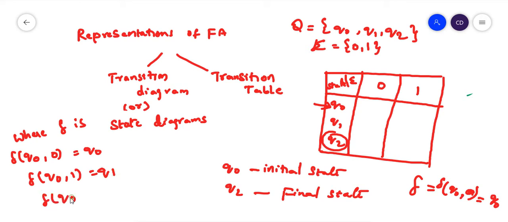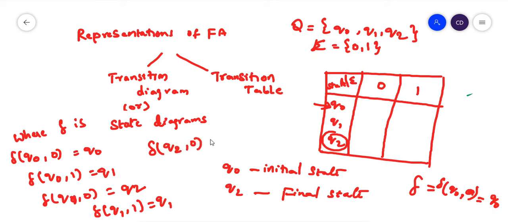From Q1 with 0, you move to Q2. From Q1 with 1, you stay in the same state. From Q2 with 0, you stay in the same state. And from Q2 with 1, you move to Q1, for example.